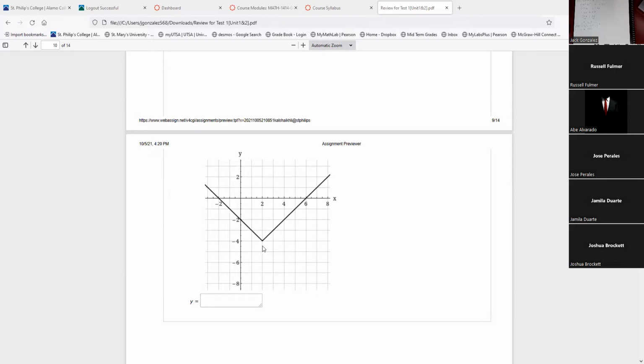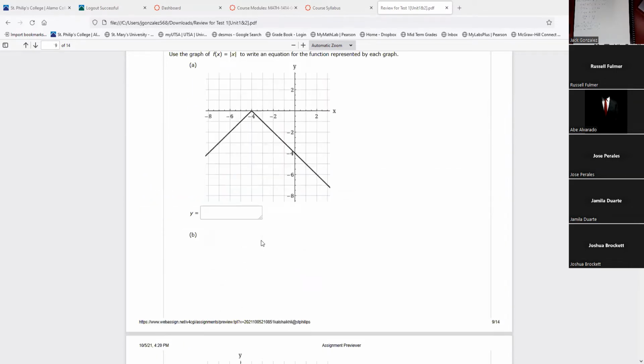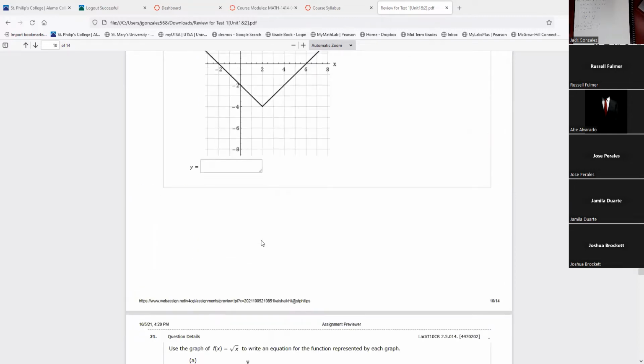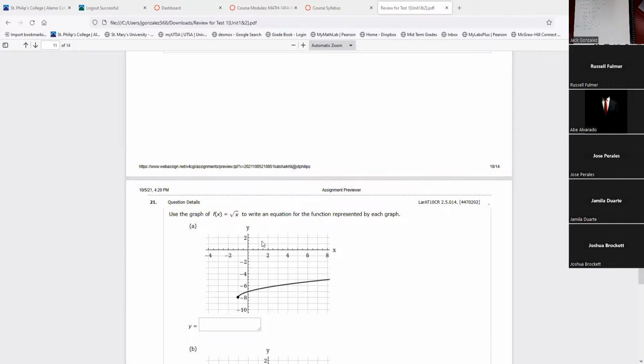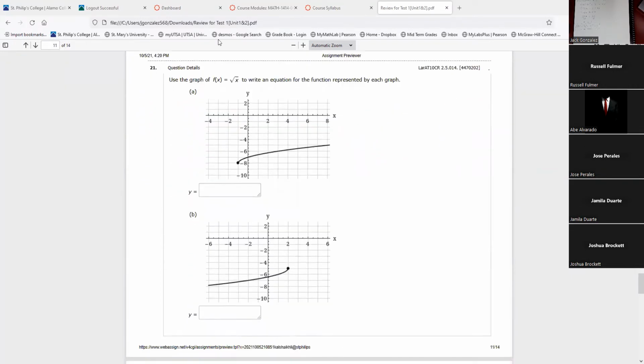So this one's not reflected, but it's been shifted to the right and then down. Yeah, pretty much it. Over here, it's the same deal, 21.